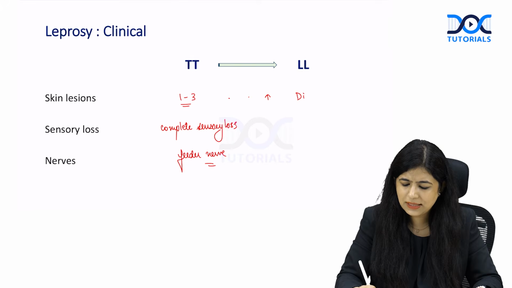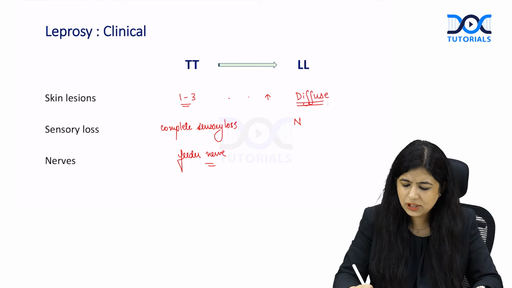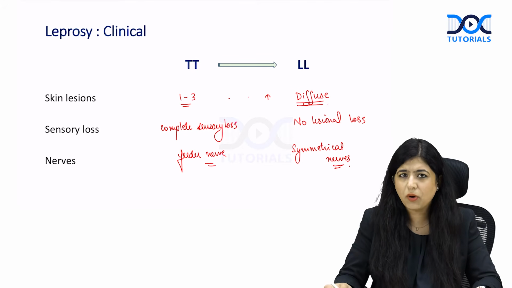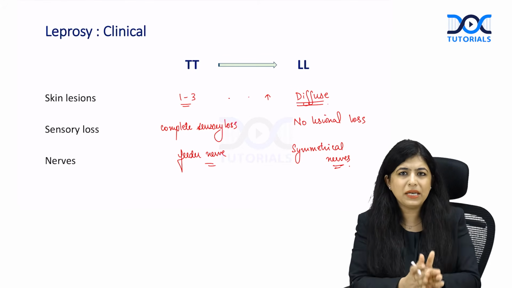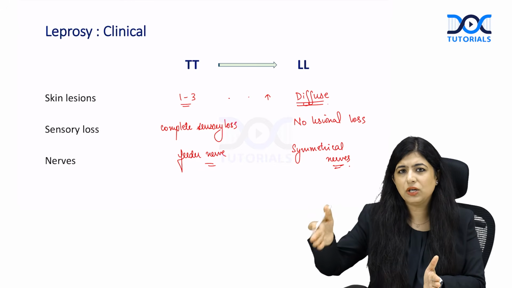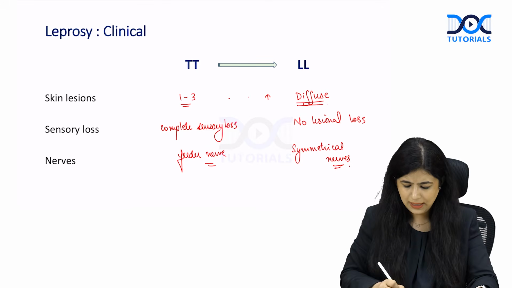Coming to LL, these are diffuse lesions involving almost the entire skin. No lesional sensory loss is seen in lepromatous leprosy, and there are multiple symmetrical nerves that are enlarged all over the body. So see, the clinical features are minimal in TT, and by the time you reach the lepromatous pole, you have diffuse lesions, diffuse nerves that are enlarged.